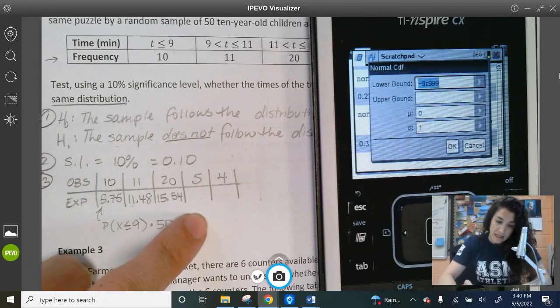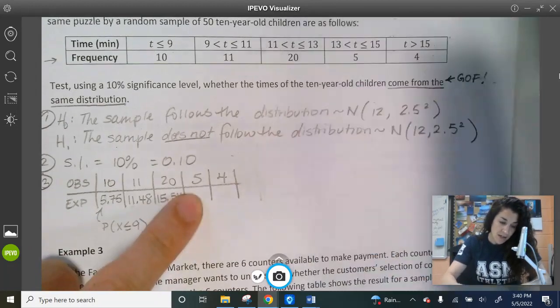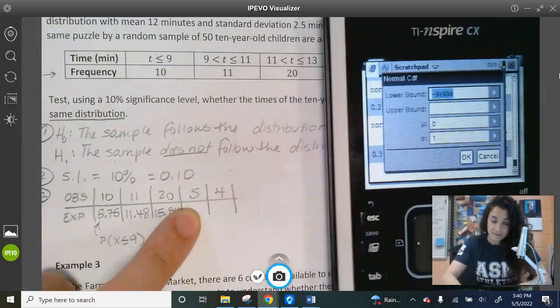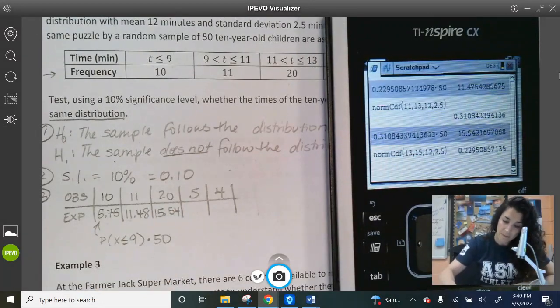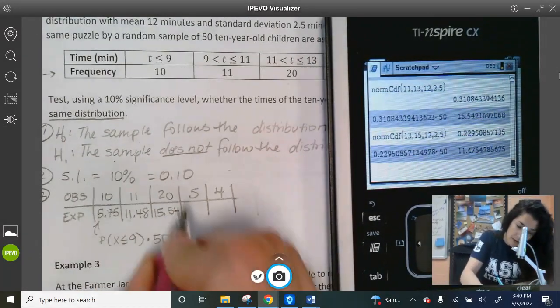Again, running probability of being between 13 and 15. And then multiply that by 50 to find out how many I expect.